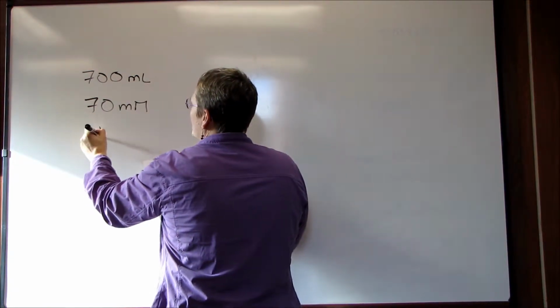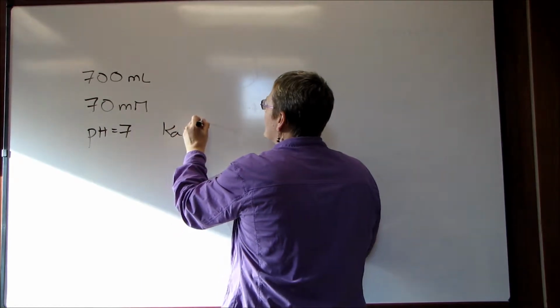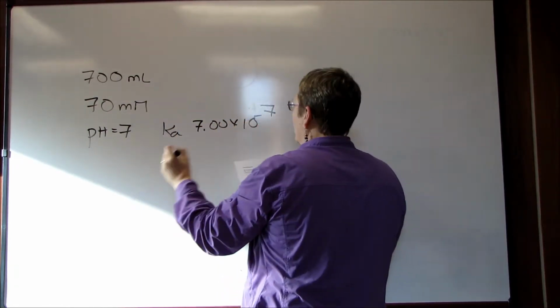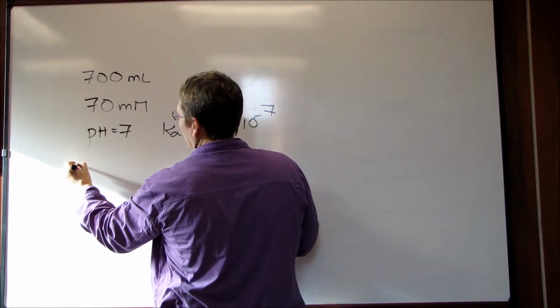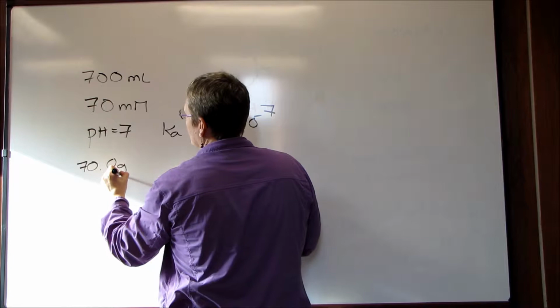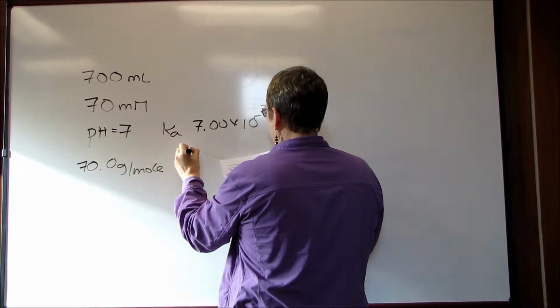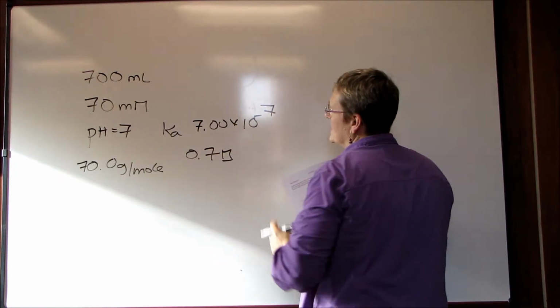And the Ka is 7 times 10 to the minus 7, okay? The conjugate base is at 70.0 grams per mole, and the stock solution of weak acid is at 0.7 molar.